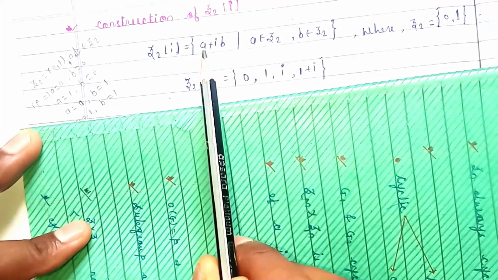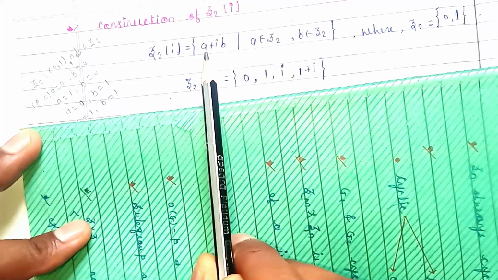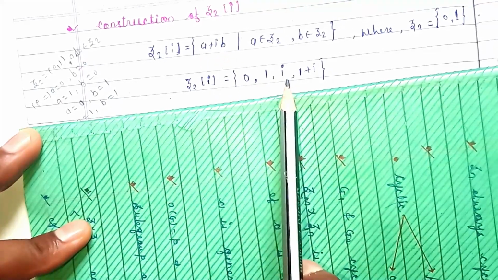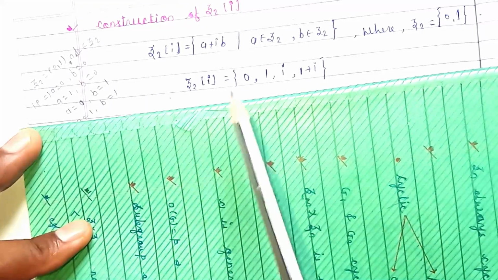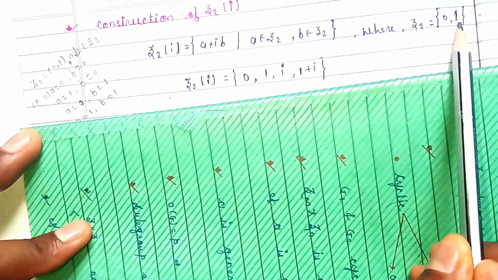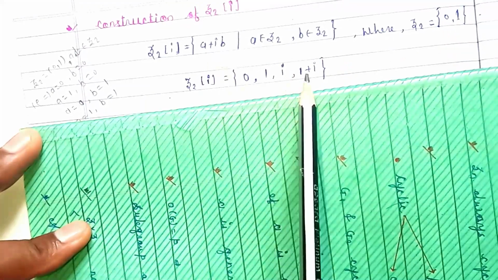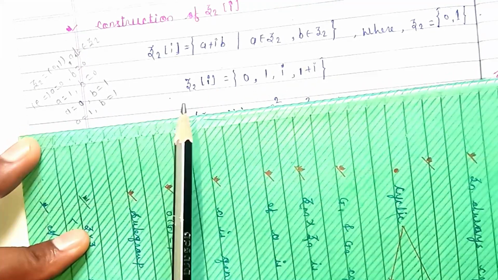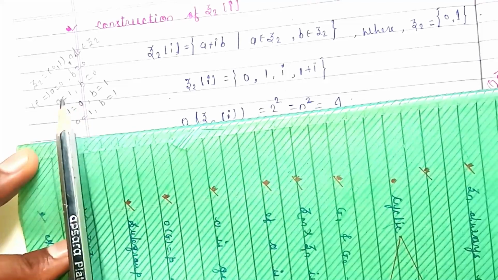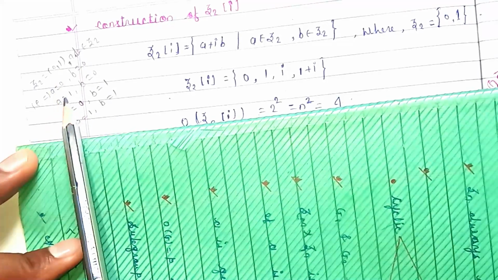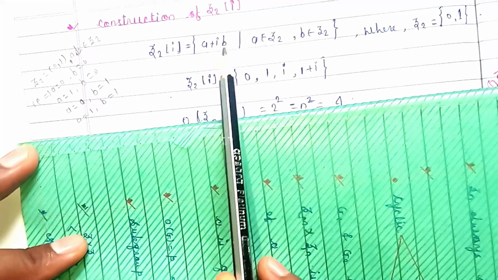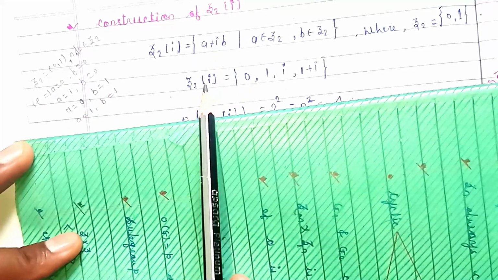Vice versa, if a is 0 and b is 1, then 0 plus 1i remains only i. The last remaining possibility is a is 1 and b is 1, so 1 plus 1i, that means 1 plus i. These are all the elements of Z_2[i]. Here I have written the possibilities for (a, b): (0,0), (1,0), (0,1), (1,1). Applying these to a plus bi, we get Z_2[i].